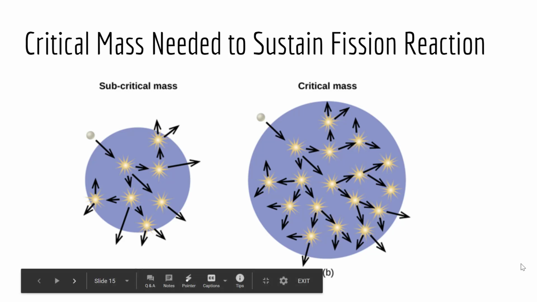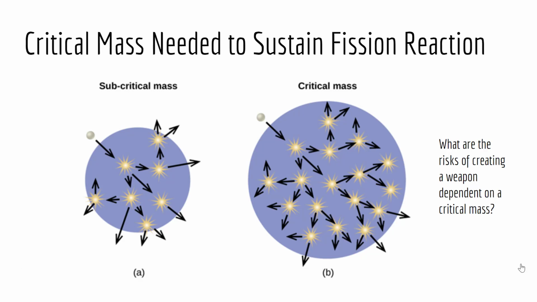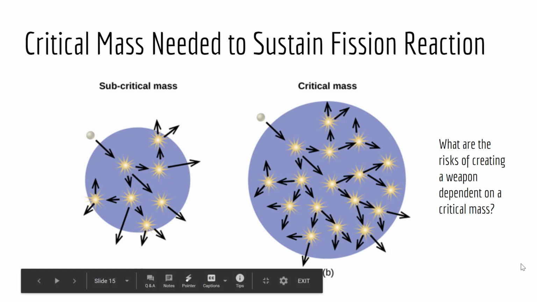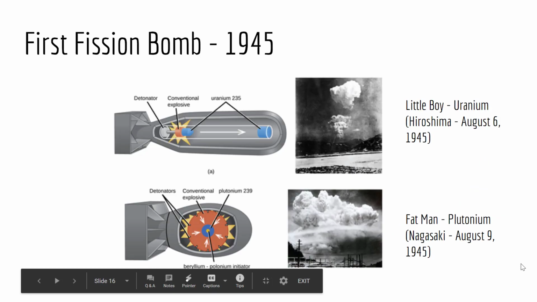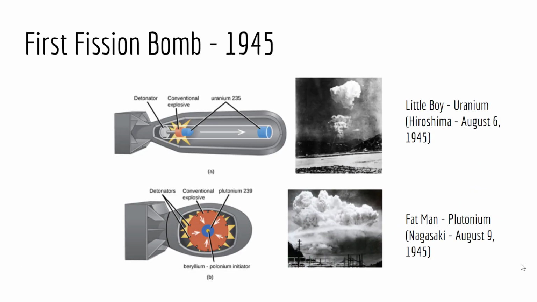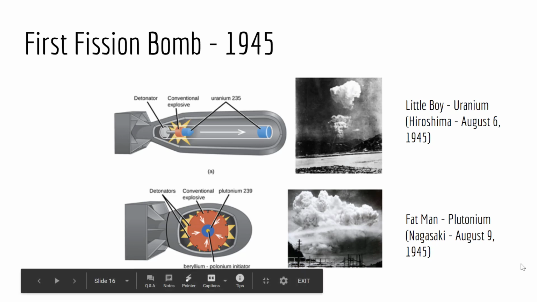And so think about if you were creating a weapon where you had to have a critical mass of uranium. That's pretty dangerous because you have to make that critical mass come together. So you have subcritical masses, and then you have to put them together so that a big explosion takes place. Your book has designs for the first couple of nuclear bombs that were dropped in 1945 on Hiroshima and Nagasaki.